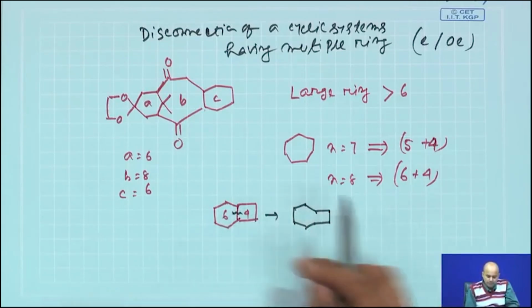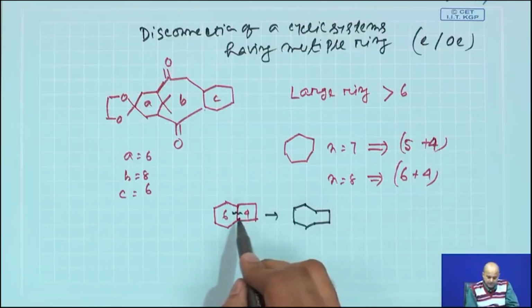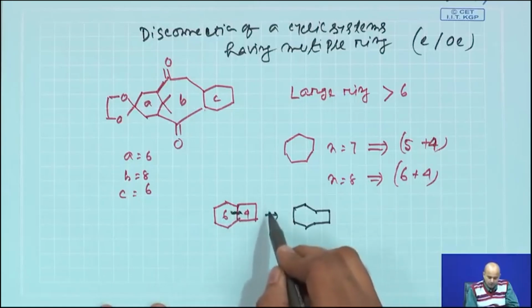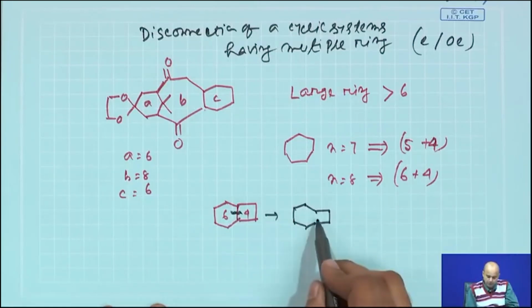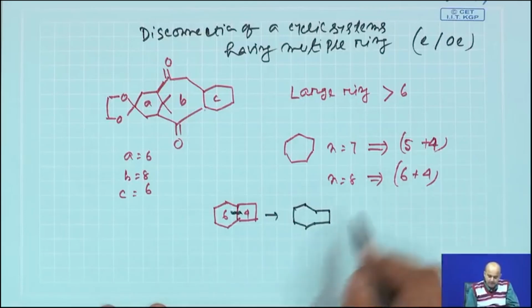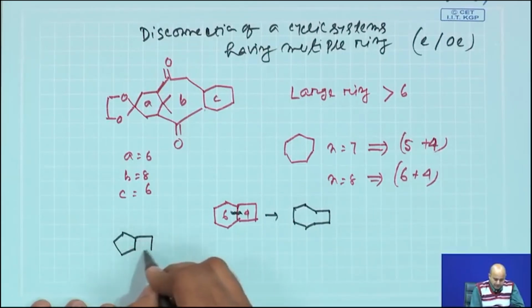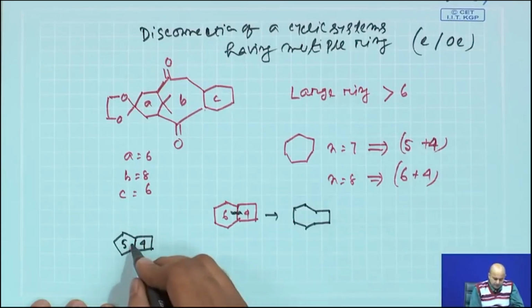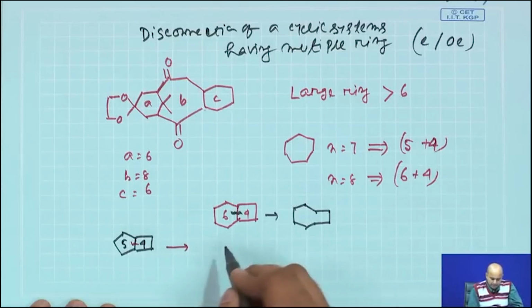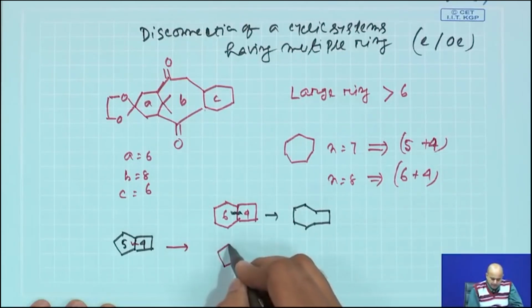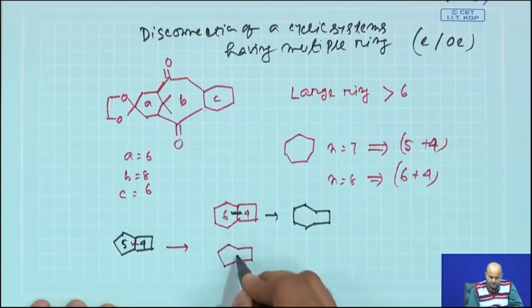So if a 6-member and 4-member ring are linearly fused, you can cut the fusion bond by some reaction to get an 8-member ring. Similarly, if you have a 5-member ring and 4-member ring, you disconnect the fusion bond, and by similar analogy you get a 7-member ring.